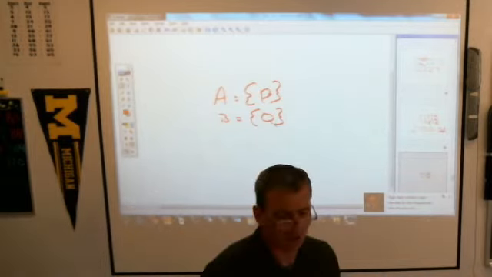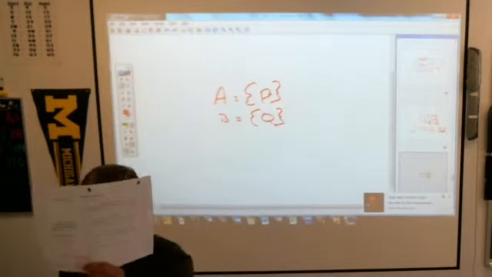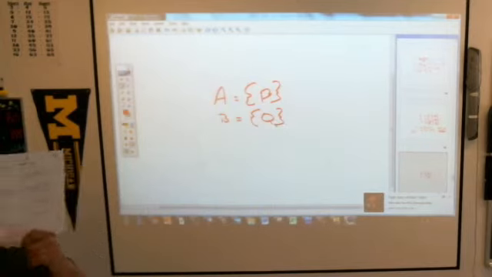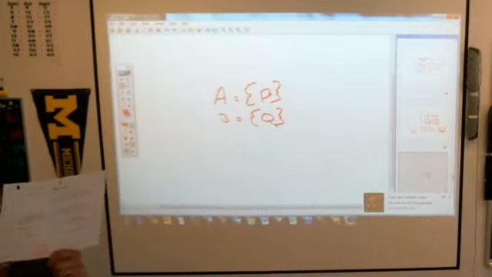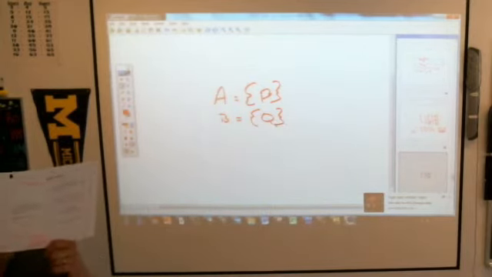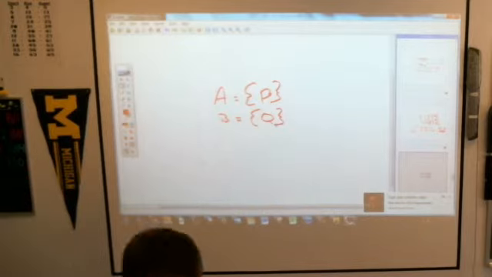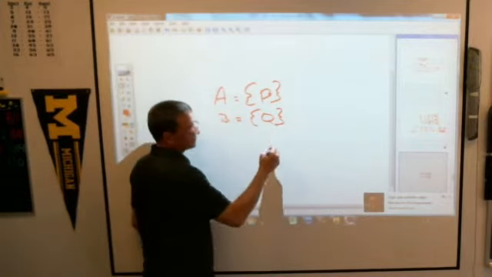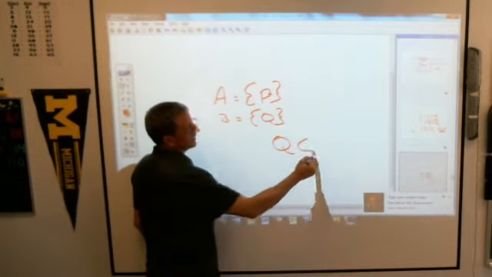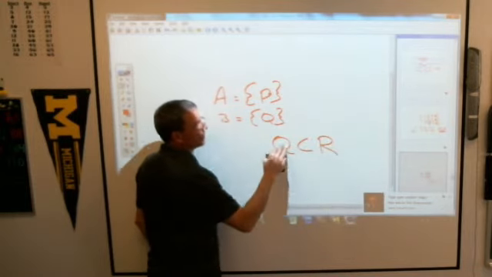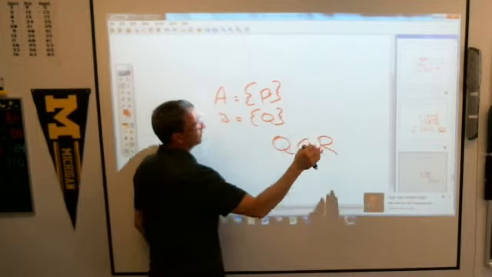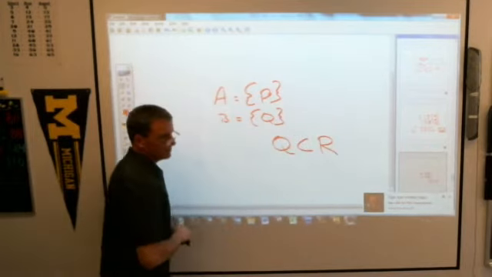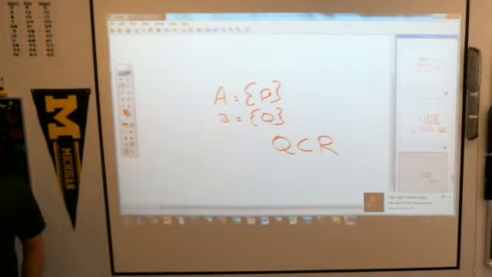Are all rational real, or are all real rationals? Which one is in the small box inside the big box? Rational numbers are inside the real number box. So how would you write that? Rational numbers, Q, is a subset of the real numbers. All rational numbers are real numbers. It doesn't work the other way around.